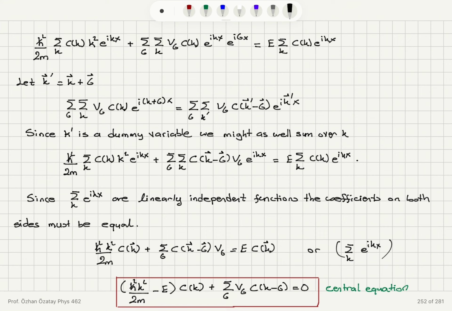That's called the central equation, and the central equation tells us that these wave vectors must have the form k minus G, k plus G, etc.